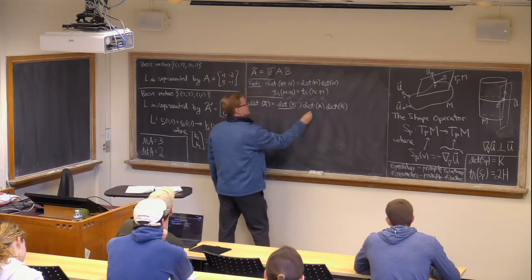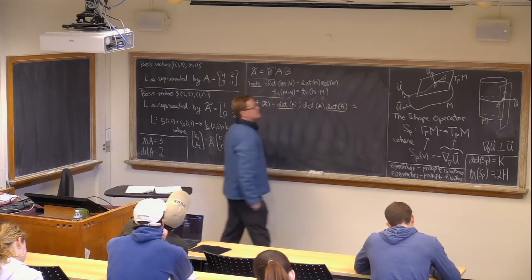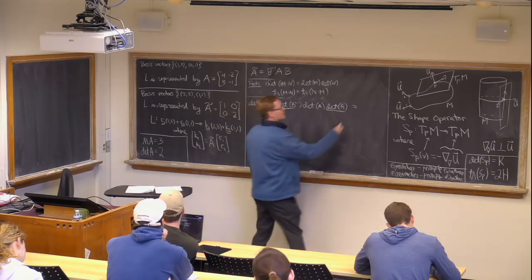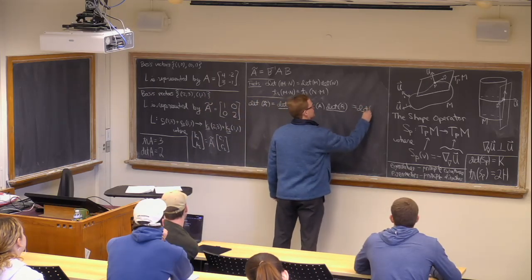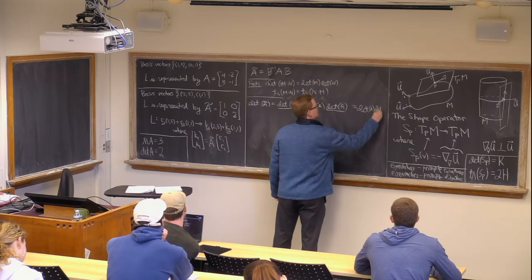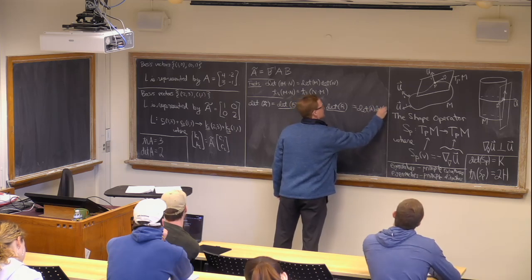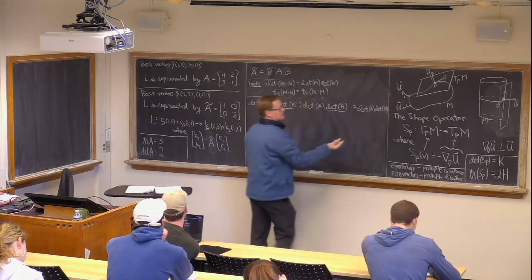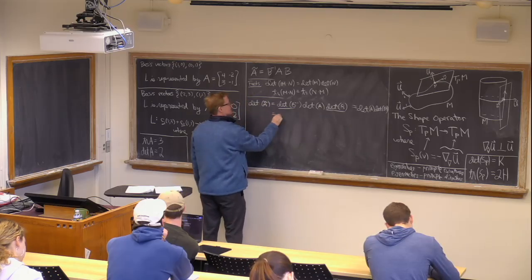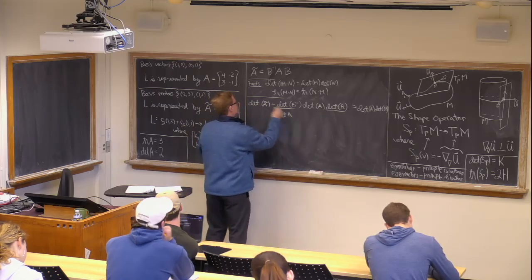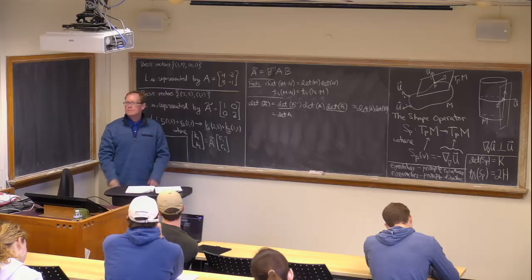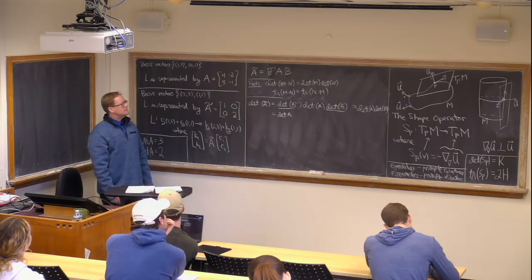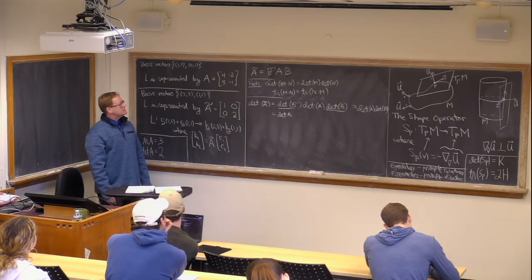But the determinant of B inverse and the determinant of B multiply to 1, right? If I really wanted to play around with things, this is the determinant of A times the determinant of B inverse B, which is the identity, right? The determinant of the identity is 1, so this equals the determinant of A. So now we see the determinant of A and the determinant of A tilde are going to be the same. Cool?